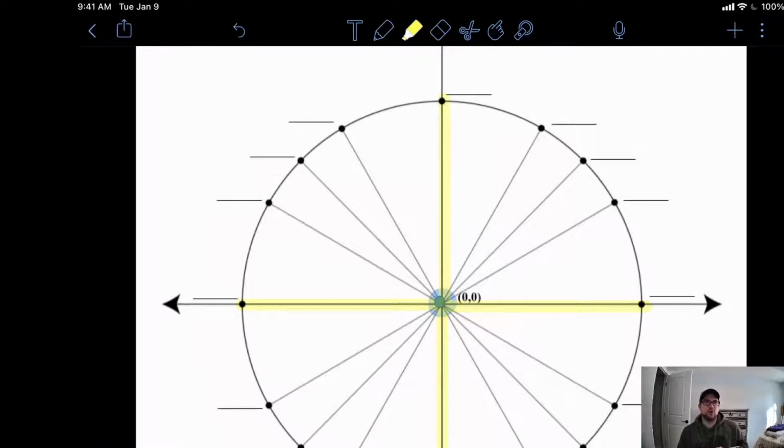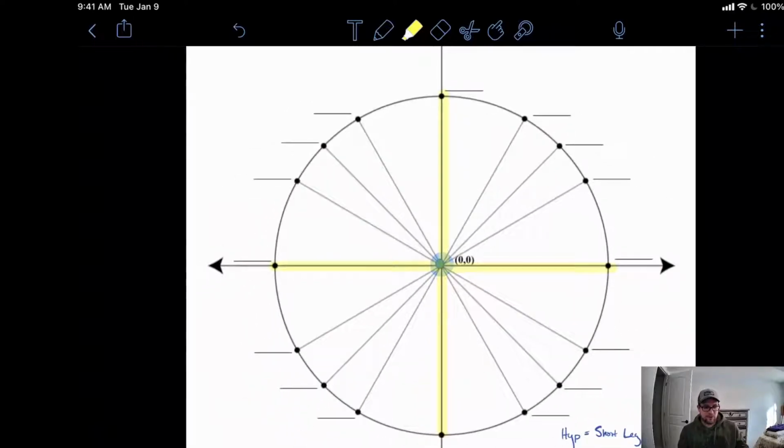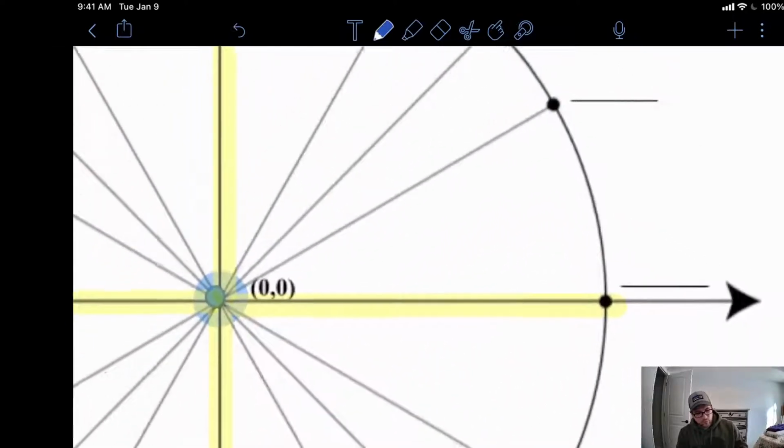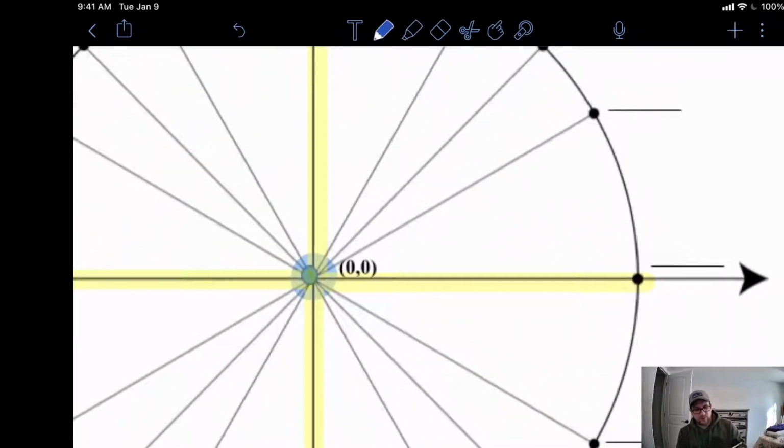Now, for each of the 4 directions, since we know a little bit about a Cartesian plane, what we do know is that if we are 1 unit away from the circle, we didn't move up or down in this first situation. What actually happened here is we just moved 1 unit to the right. So we do know that this coordinate over here is the coordinate 1, 0, because we are 1 unit away from the origin of the circle, the center.